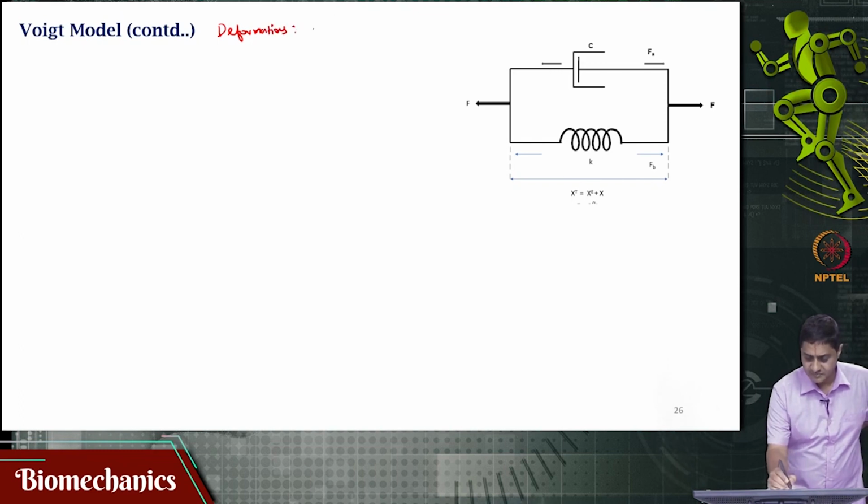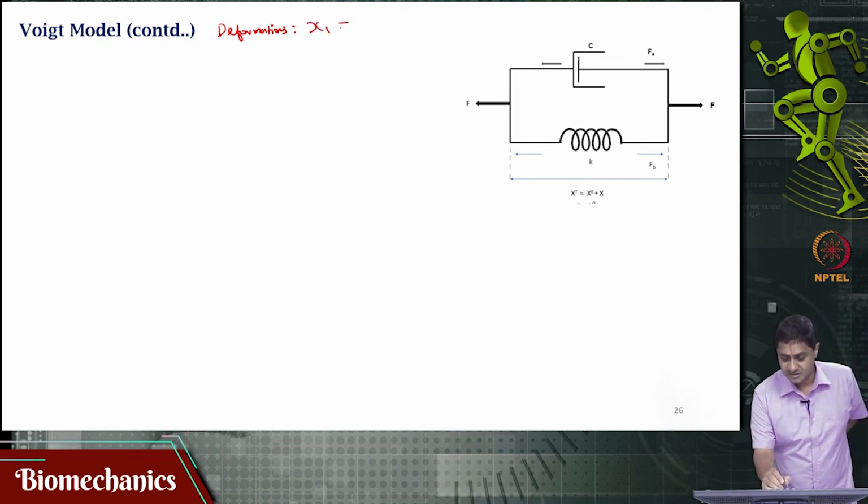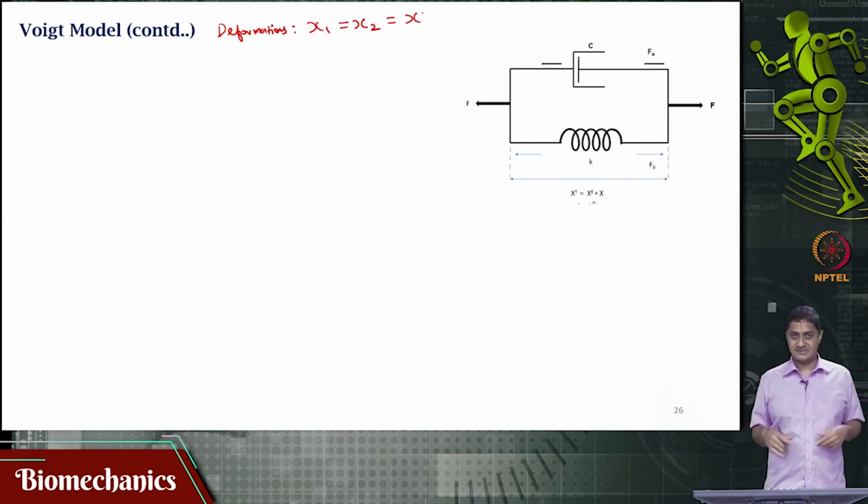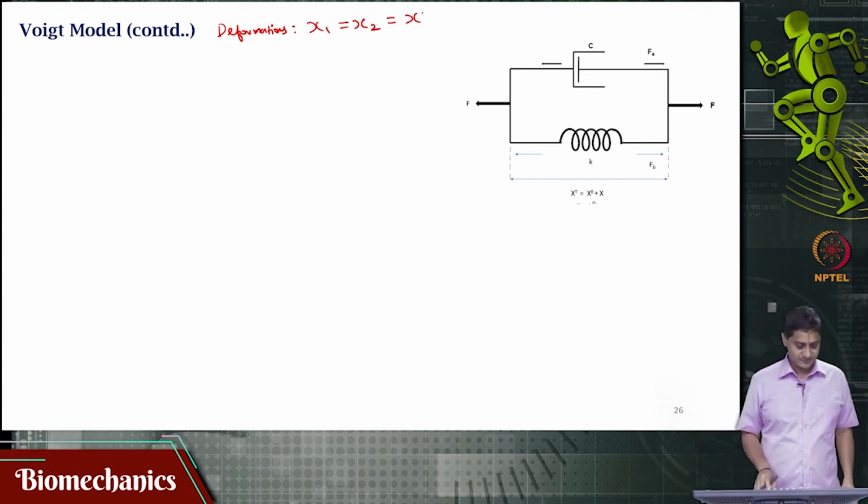Deformations: x1 felt by element 1, which is the dashpot, is equal to x2, the deformation felt by the second element, which is the spring, the same as some x.